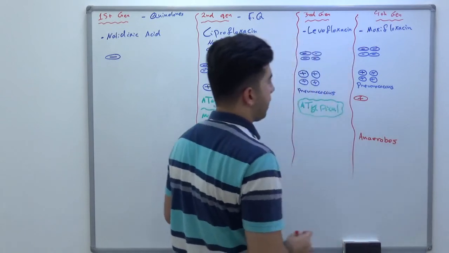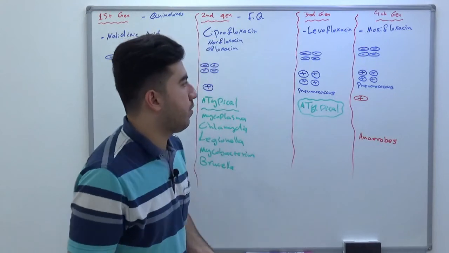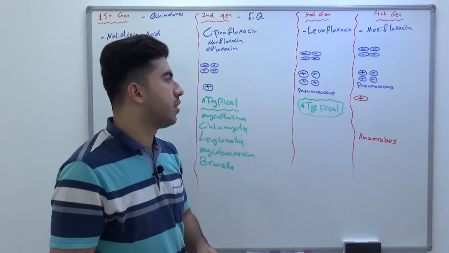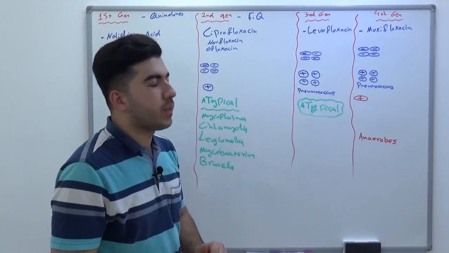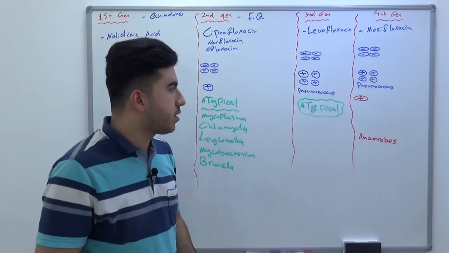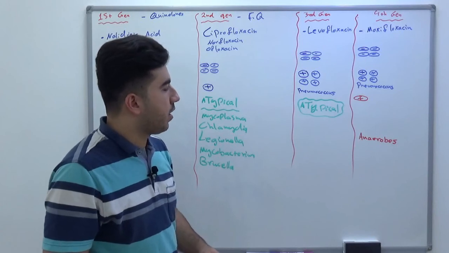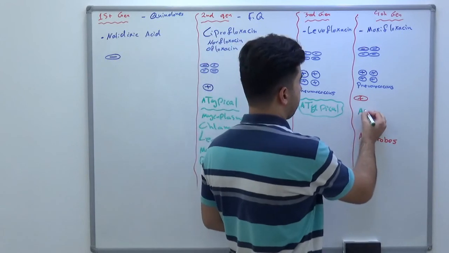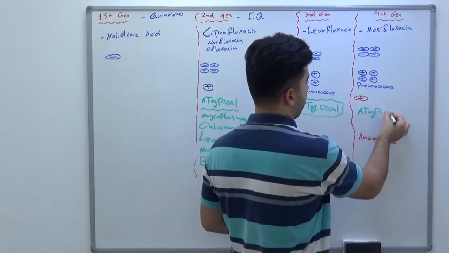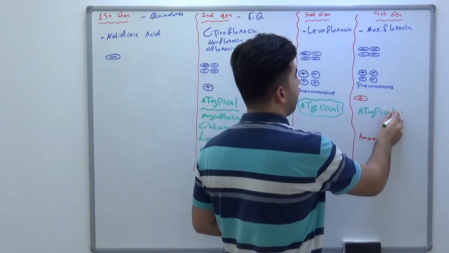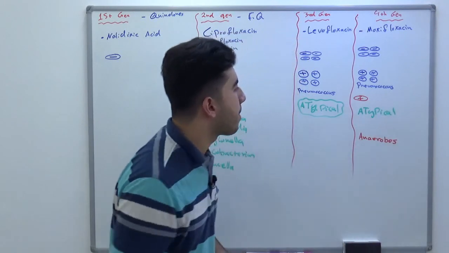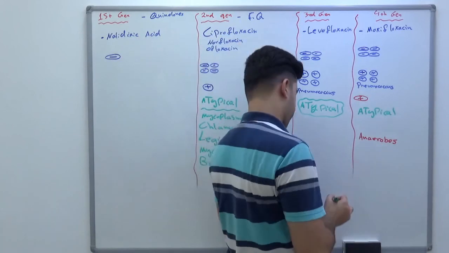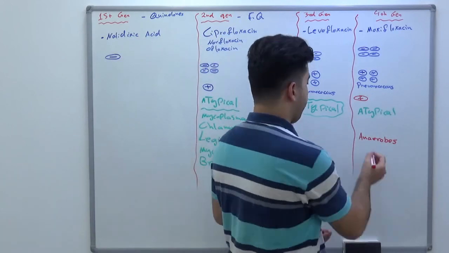So moxifloxacin is even more effective than levofloxacin for what? For pneumococcus. It also covers the gram-negative rods, atypical microorganisms such as Legionella, Mycobacteria, and also some anaerobes like Bacteroides fragilis.